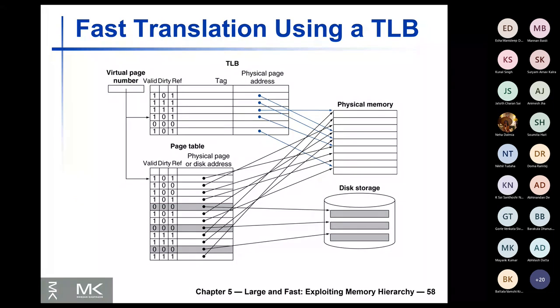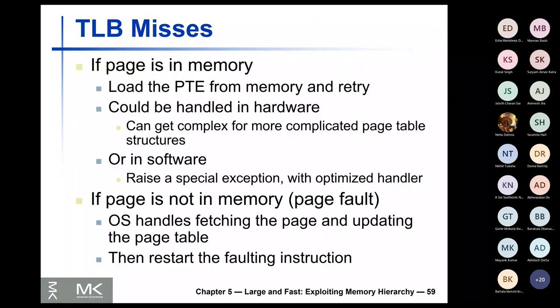Every process will have a different page table. So if your TLB is a subset of the page table, it must reflect that the process has changed. So that kind of overhead has to be somehow mitigated.